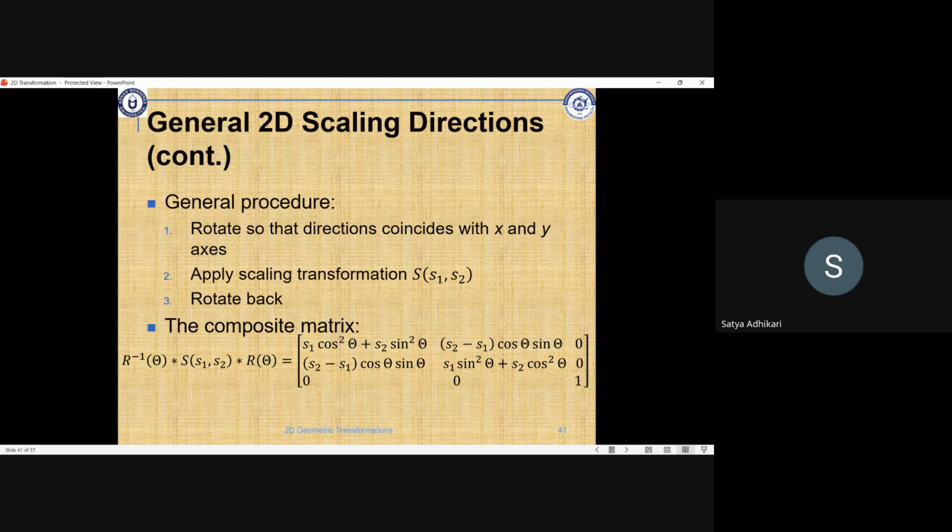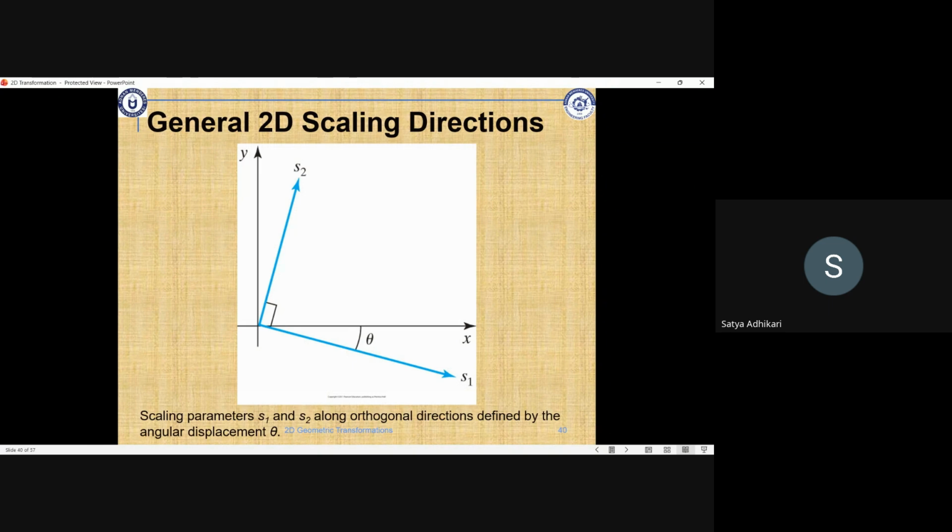That is, if we want 2D scaling in other directions, the direction must be along the x and y axis. That is, we want the directions of another set of axes S1, S2, and S1 and S2 make an inclination angle theta. You see the previous slide. Suppose this is my axis S1 and S2.